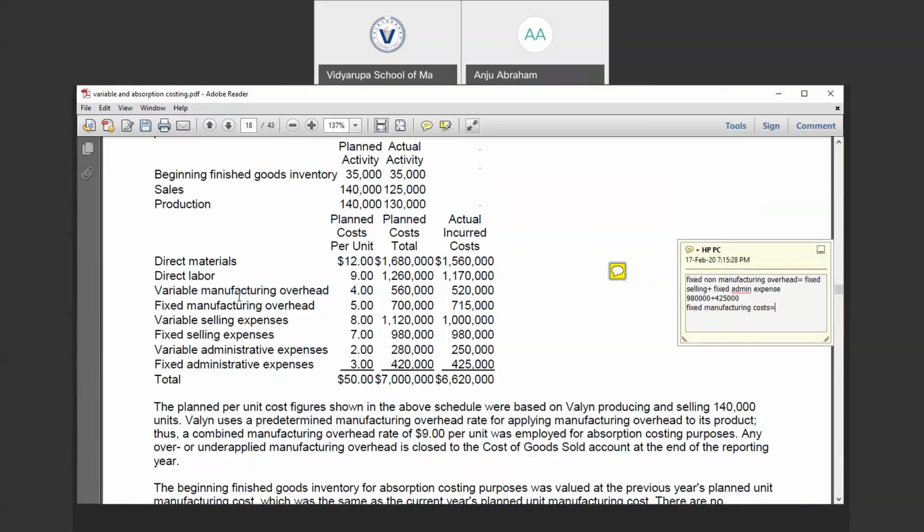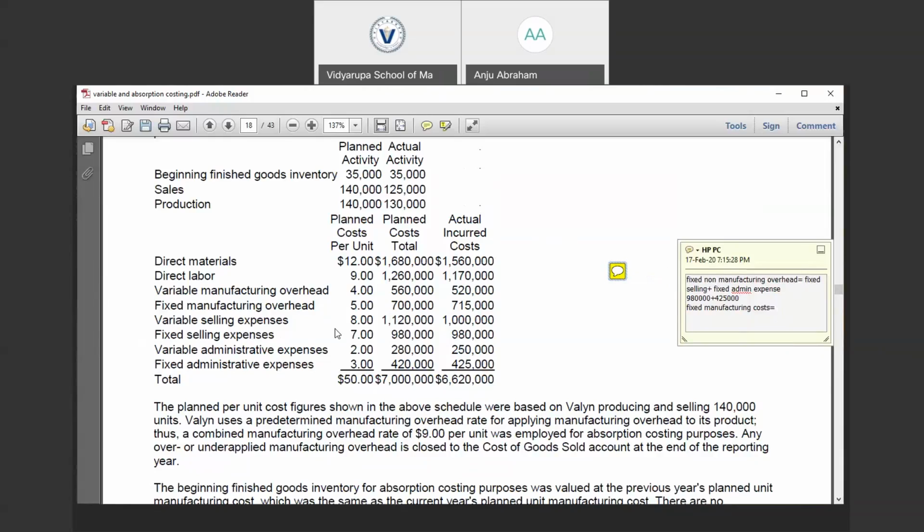The fixed manufacturing cost here is fixed manufacturing overhead. The planned cost was 700,000 and the per unit cost was given to us as 5, and our actual cost incurred was 715,000. This fixed manufacturing overhead will be applied to production based on the standard rate.